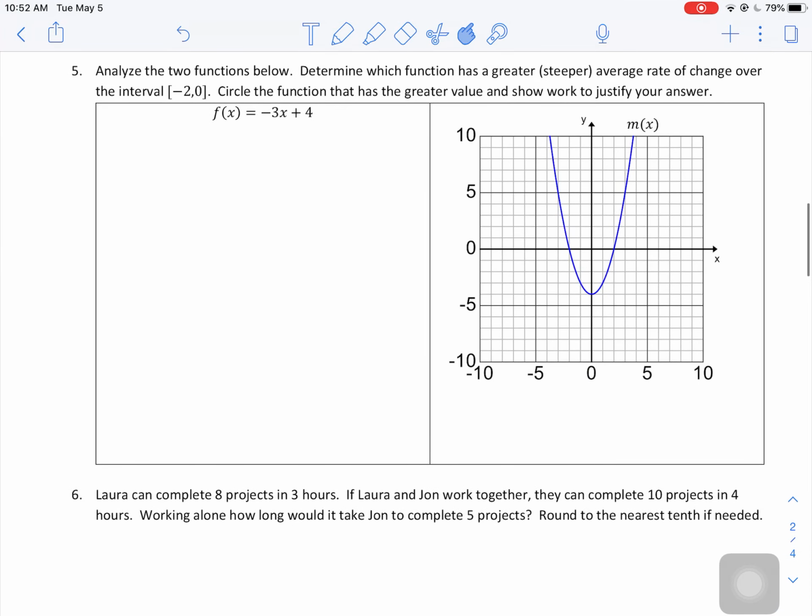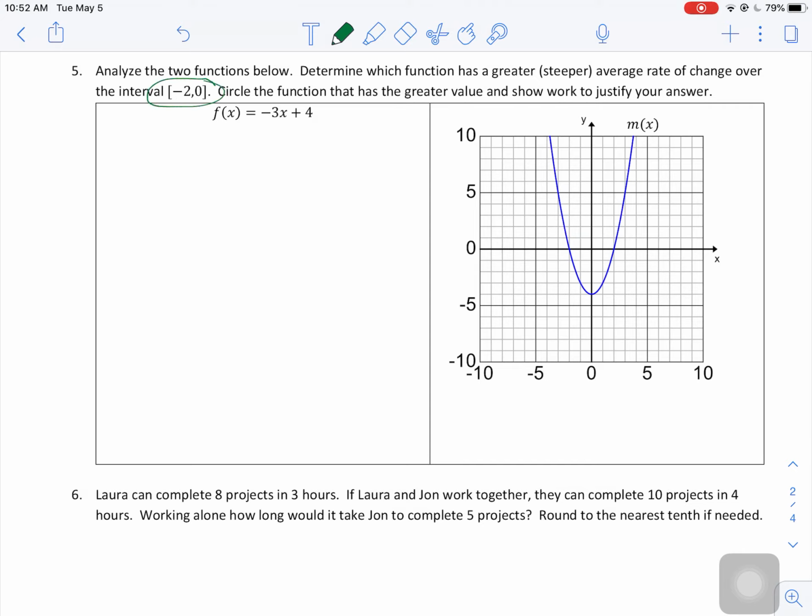Number 5, analyze the two functions below. Determine which function has a greater, steeper average rate of change over the interval -2 to 0. Circle the function that has the greater value and show work to justify your answer. So average rate of change is basically slope. When we look at the first function, f of x, we want to determine 2 points that we can use in the slope formula.